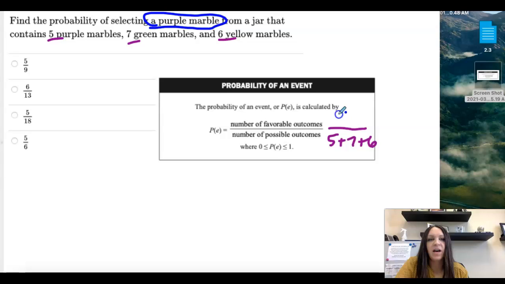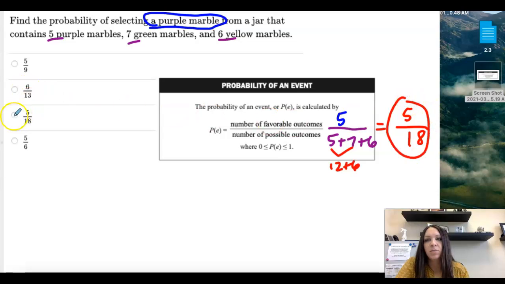There's 5 that we would like out of this total. So 5 over 5 plus 7 is 12 plus 6 is 18. Again, if I could reduce this, I would, but I can't. So I'm going to leave it like that.